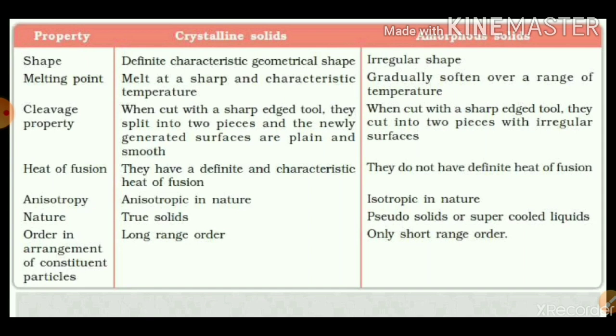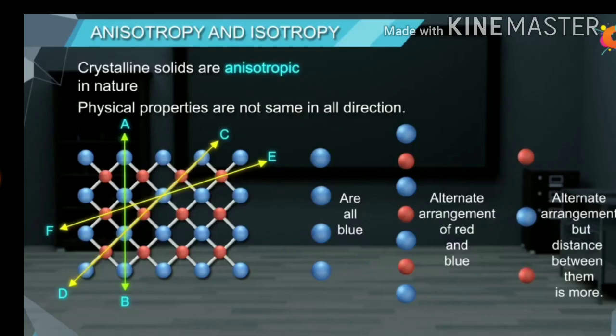What are the physical properties? Like resistivity, conductivity, refractive index, etc. In crystalline solids it is observed that when we measure the value of different physical properties in different directions, we find they give different values.